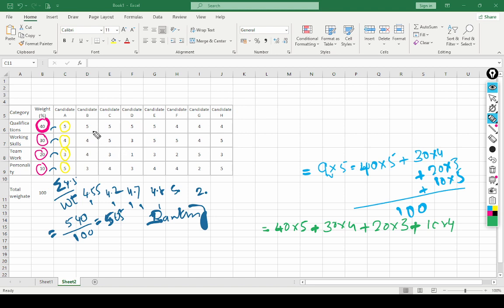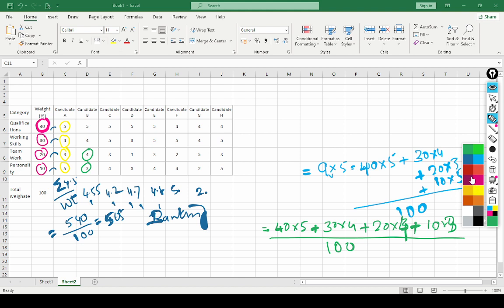Now 5, 4, 4, then it is a 3. So now the whole is divided by again 100. Now you just observe here, for every calculation, these values are fixed here.